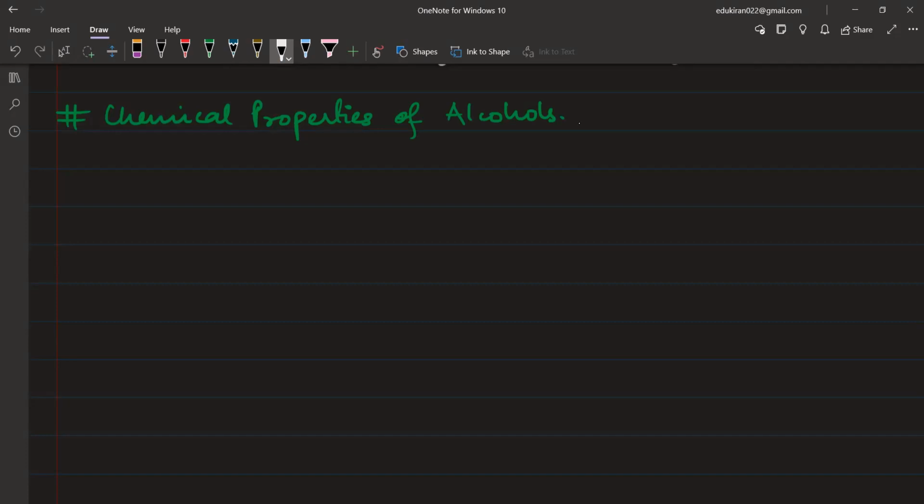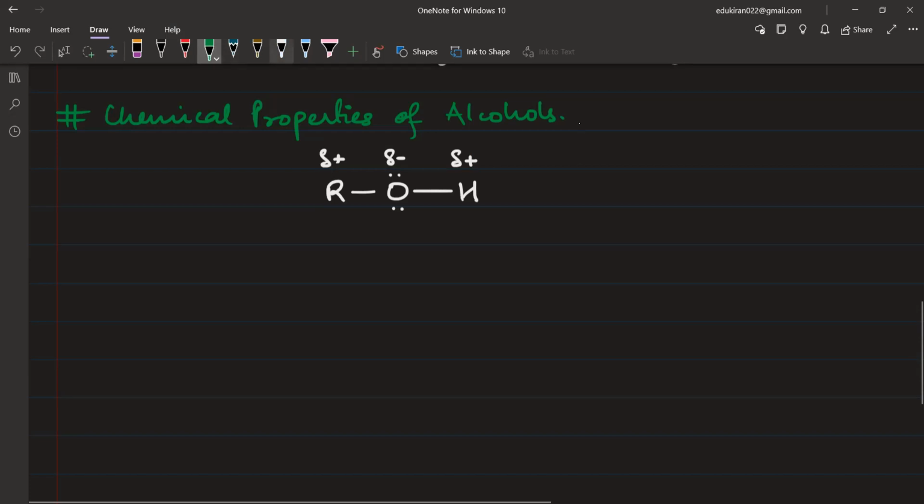Now, in chemical properties of alcohol, this ROH, this is my alcohol. Oxygen, which is having lone pair electrons, will have delta negative charge, and it will be pulling electrons from hydrogen also. So this will be delta positive. It will be pulling electrons from the carbon atom. So this will also be delta positive. That means we have two very polar bonds, and due to this, there will be two different types of reaction.